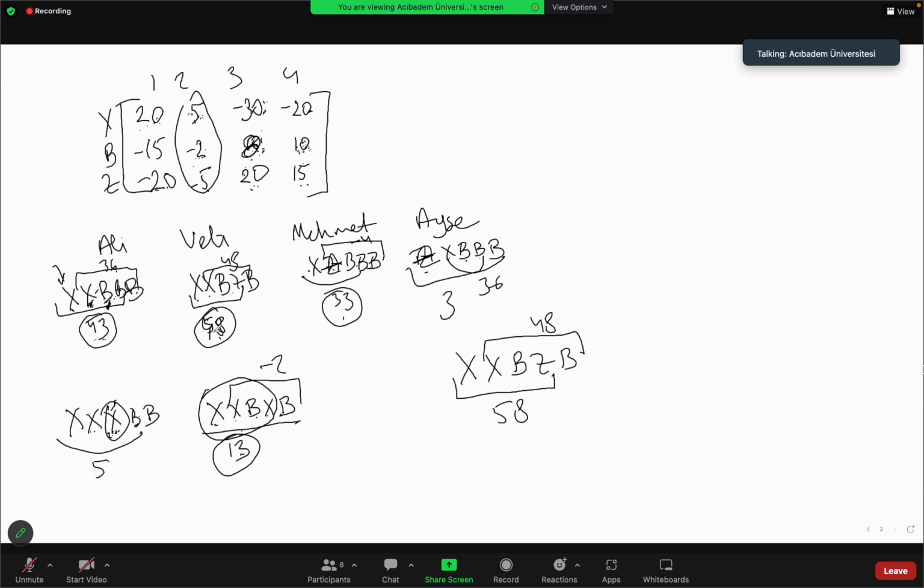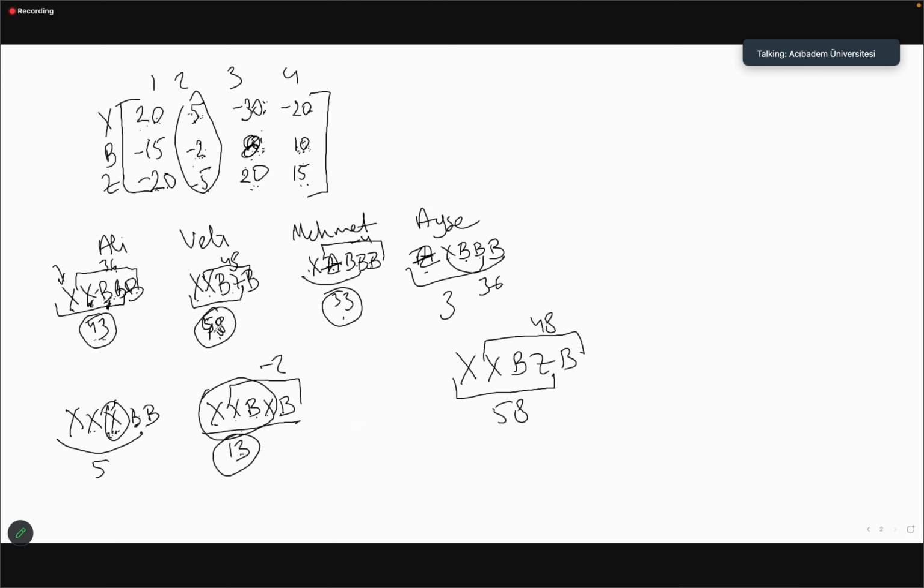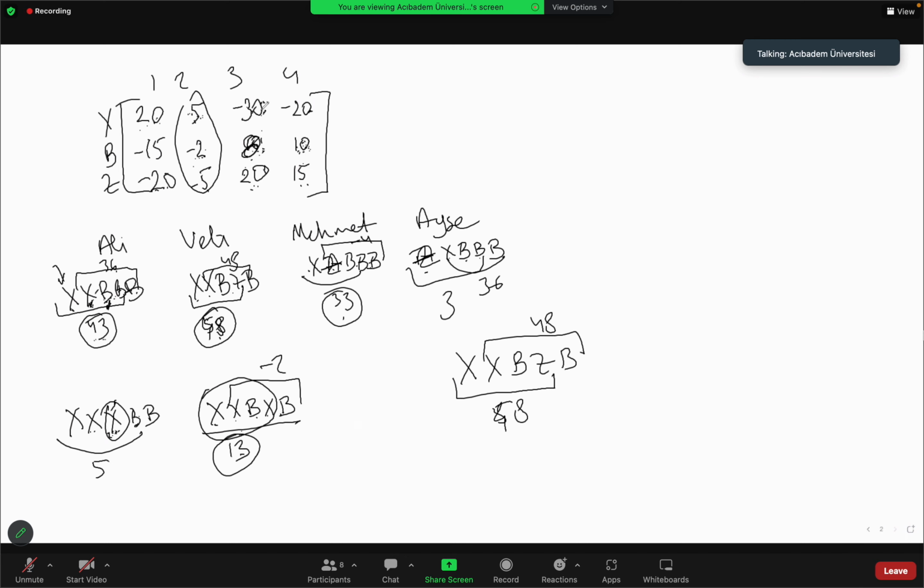So XXBZ, XBZB, that's 48 as well. So is there a single mutation that you can go from 48 to a negative value? The highest one is this, minus 30 to 20. That's the highest one.